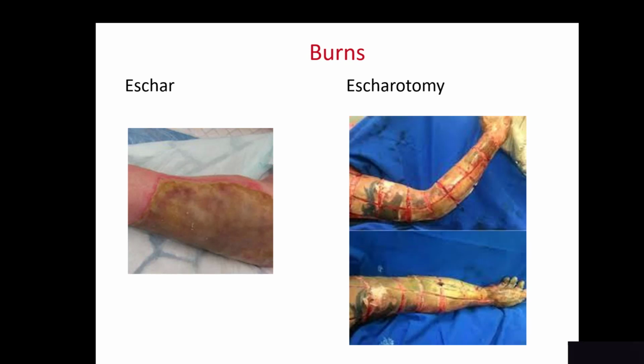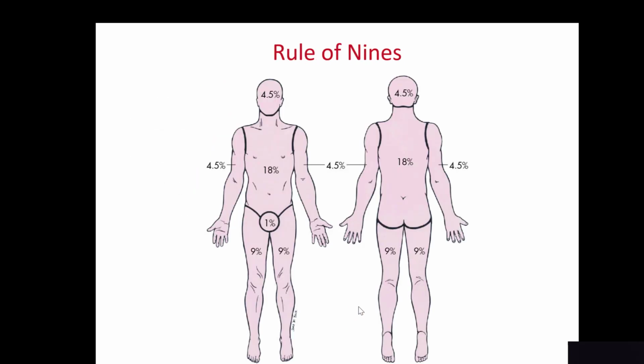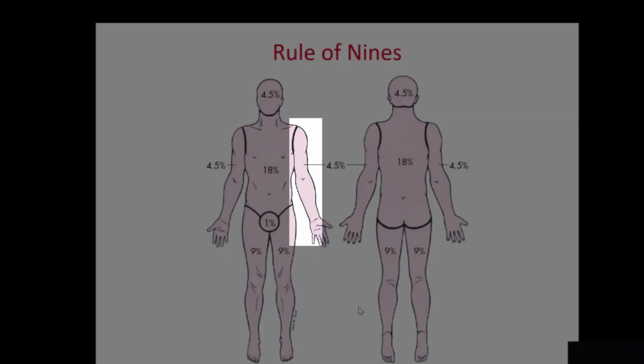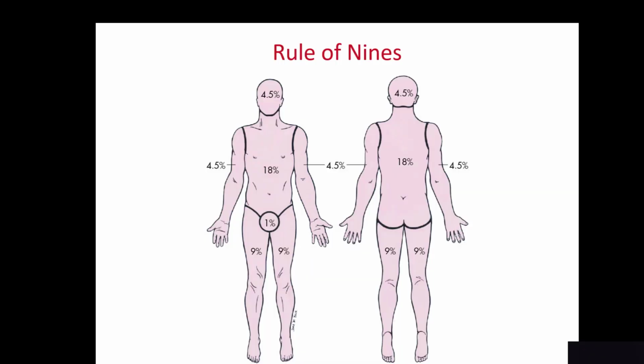So assuming the patient had no other burns anywhere on the body, if we assume that that's the only burn, what percentage would you say this person's burn was? A burn covering one side of the entire left anterior arm. So if we look back at our rule of 9s, the left anterior arm would account for 4.5%. So we would say this person had burns on 4.5% of their body.